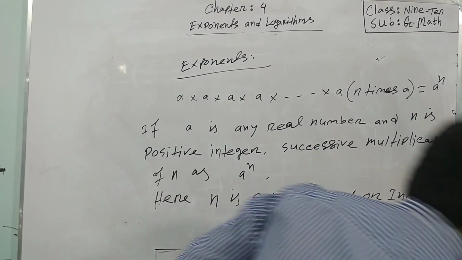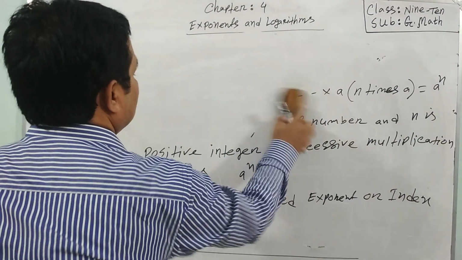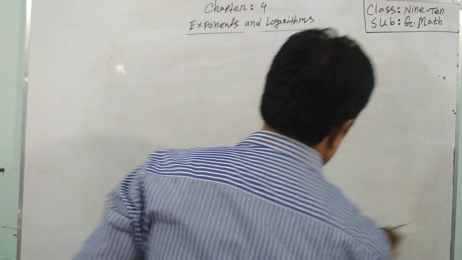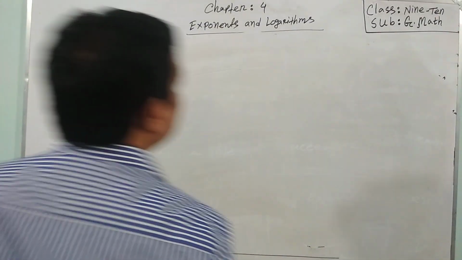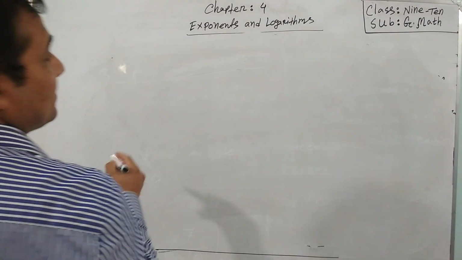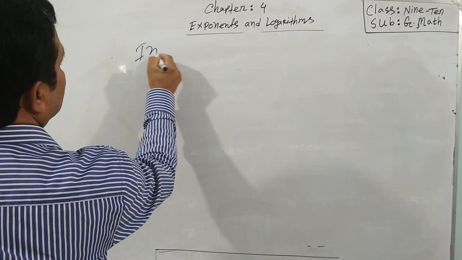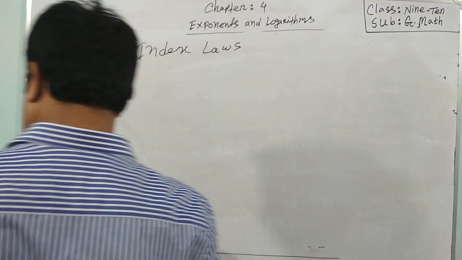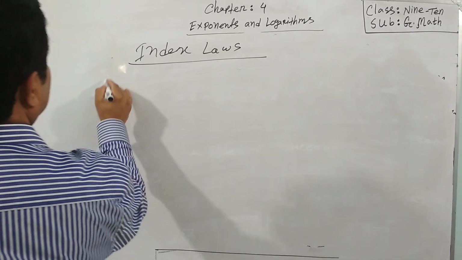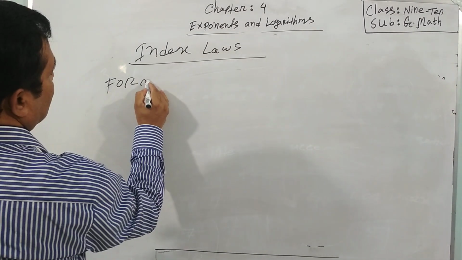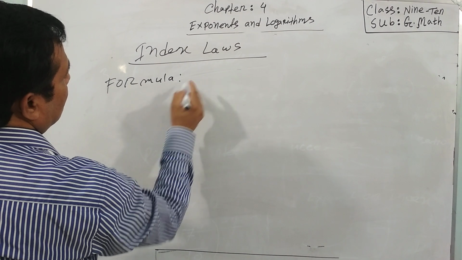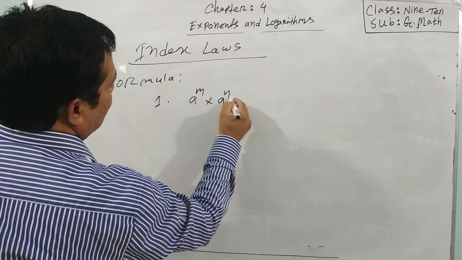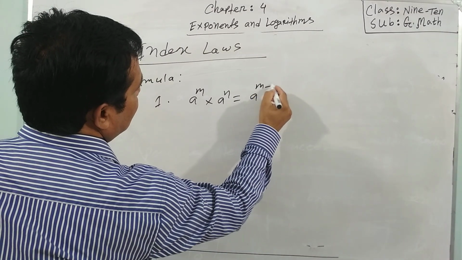Next, index laws. Formula 1: a to the power m into a to the power n equals a to the power m plus n.